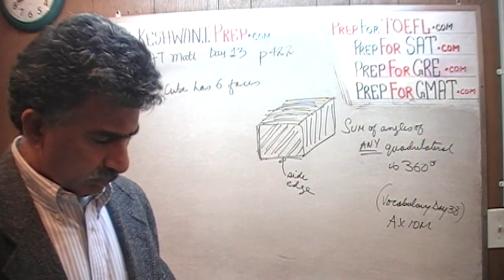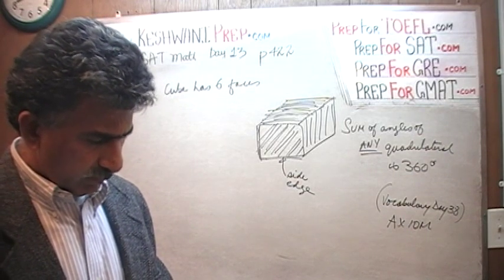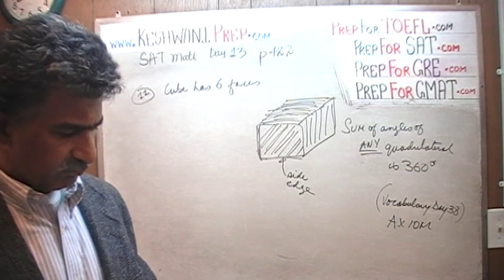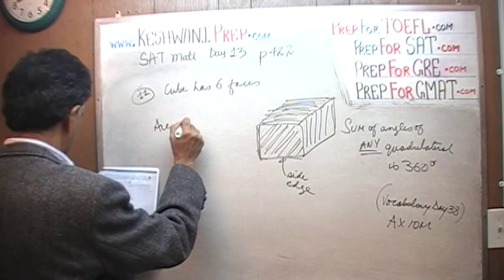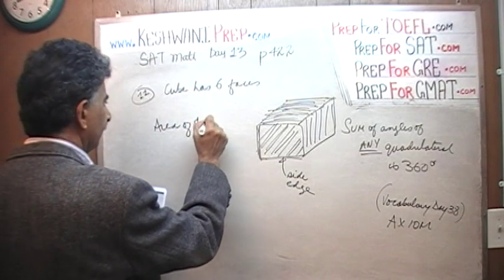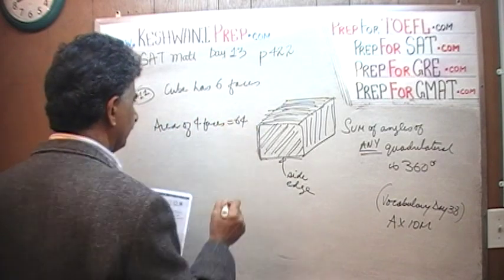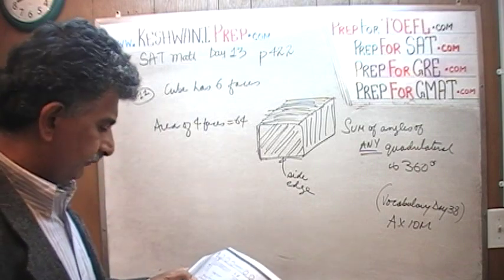We are told the total surface area, the total area of the white faces, is 64 square inches. So we know now that the area of 4 faces is 64 because 2 of them are black.